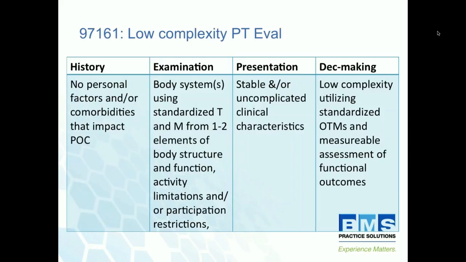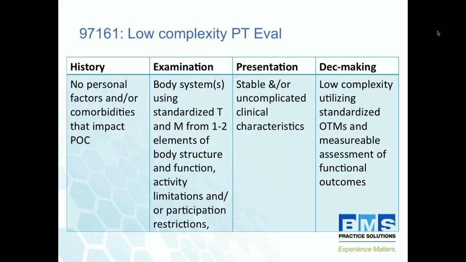So here's a grid that's laid out for the 3 levels of PT evaluation. So for history, the criteria are no personal factors and no comorbidities that impact the plan of care. So simple, straightforward, you're treating the primary condition and not having to take other things into account. The examination would include body systems, using standardized tests and measures for 1 or 2 elements of body structure and function, activity limitation, or participation restrictions.